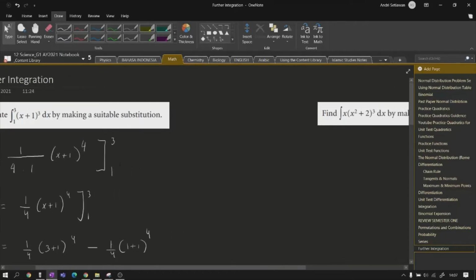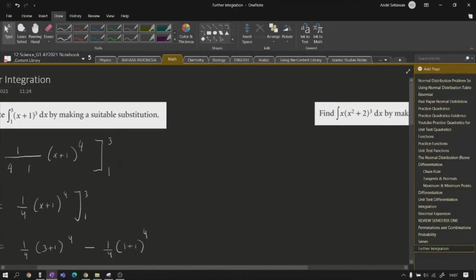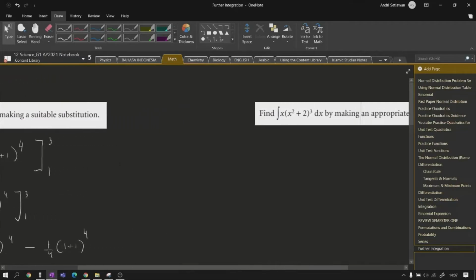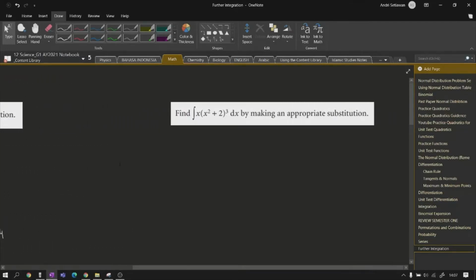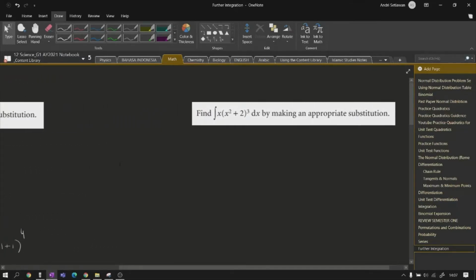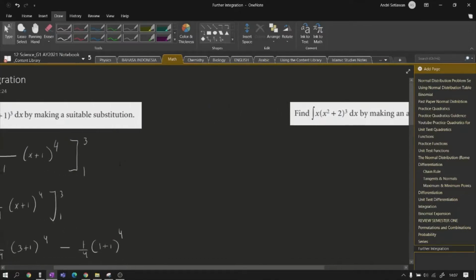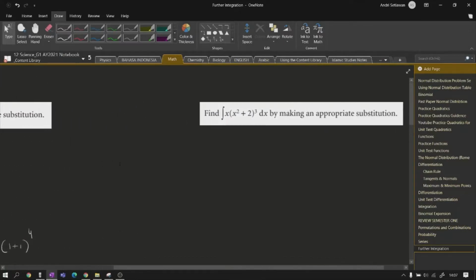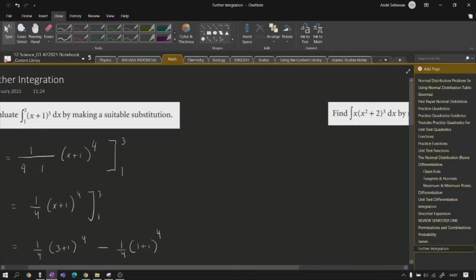But in another form of integration, like this example, you cannot use the simple rule of integration. Maybe you have noticed the difference between the first example and the second example is quite different.